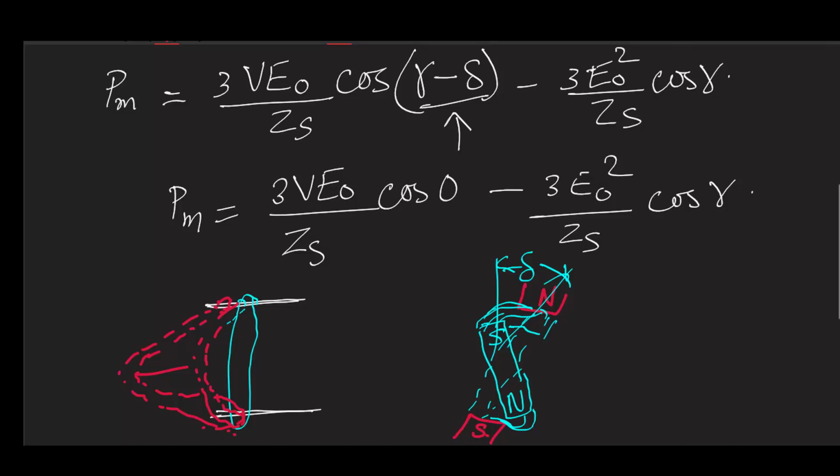Now, this angle is not exactly equal to delta, but you can understand that it resembles delta, being proportional to delta, because physical and electrical angles also should be considered. But it is very easy to understand that if we put more load, that will increase delta.